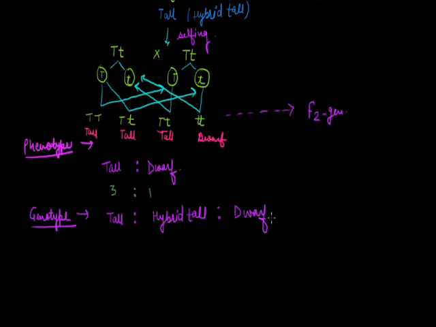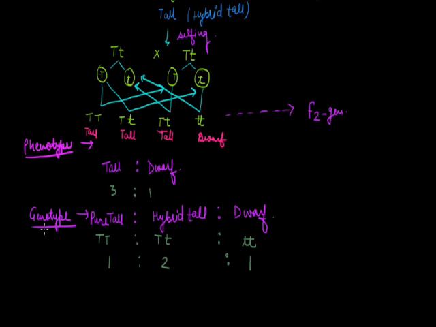Because dwarf is always expressed as pure dwarf. And the ratio is pure tall is capital T capital T, which is only 1. Hybrid tall is capital T small t, where both the alleles are available. This one is 2 in number and dwarf is small t small t, again this one is 1.